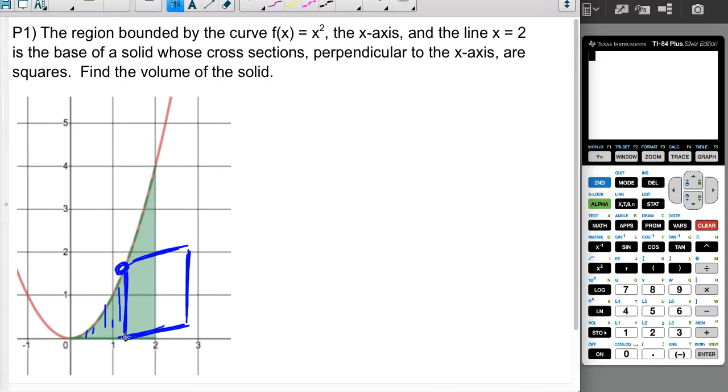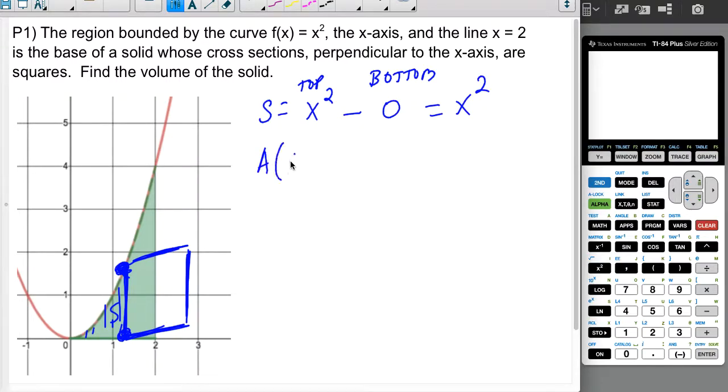So the side length of the square is the top curve minus the bottom curve. The side length of this square is the top, which in this case is x squared, minus the bottom curve, which in this case is y equals 0. So top y value minus bottom y value, or just x squared. Since the area of the square is side squared, that's going to be x squared squared, or x to the 4th.